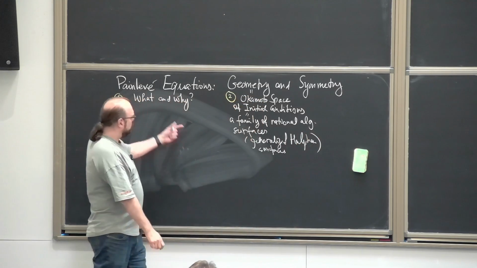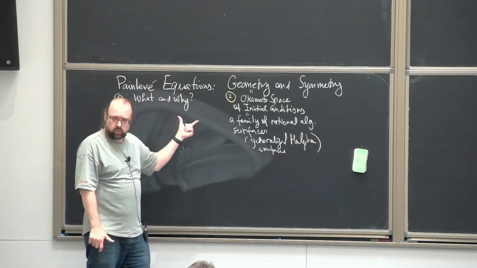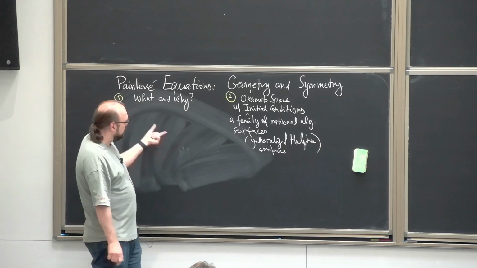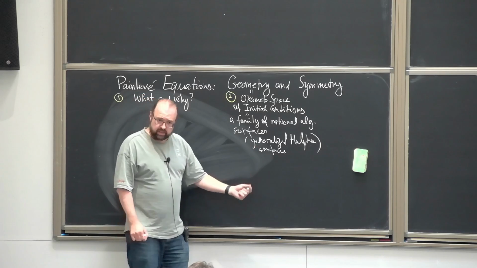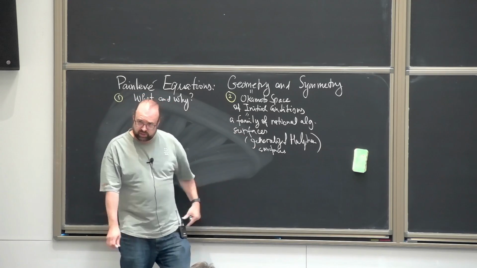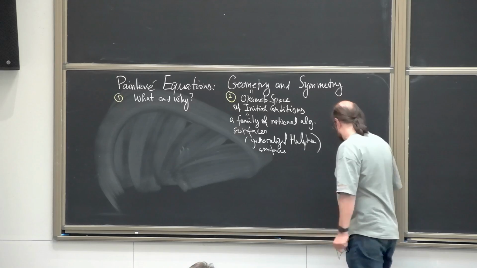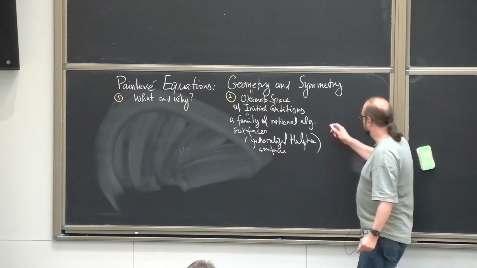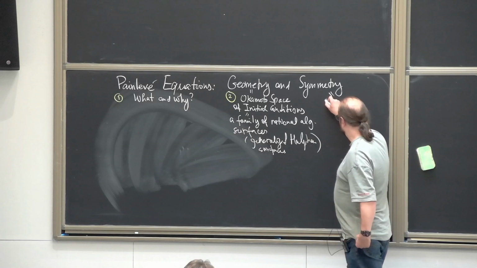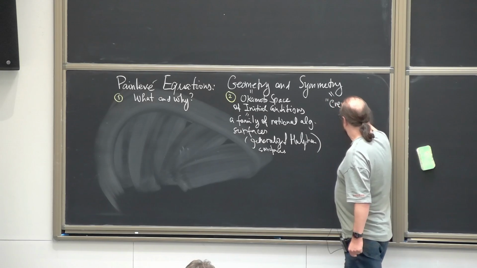Okay, so we start with some equation. From that equation, we can get a geometric object. And then we can look at the symmetries of this geometric object. And so symmetry comes from geometry. And symmetry here are something called Cremona isometries.